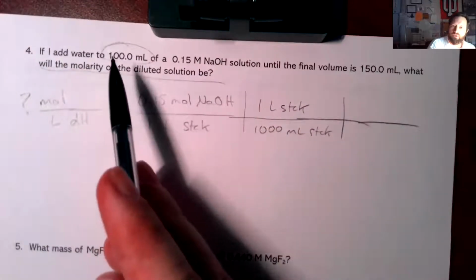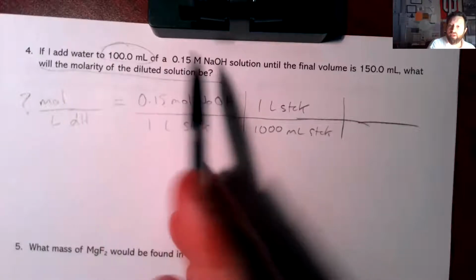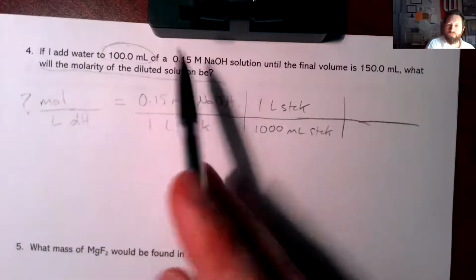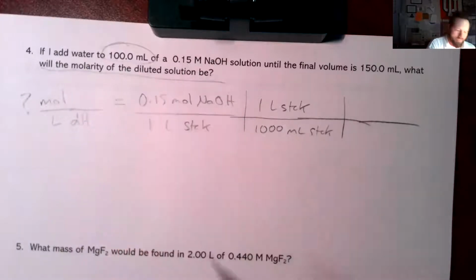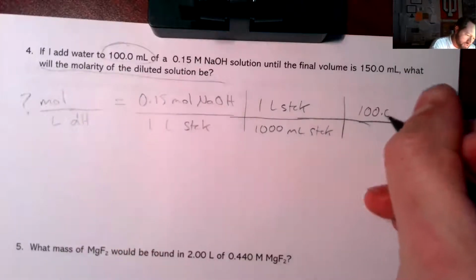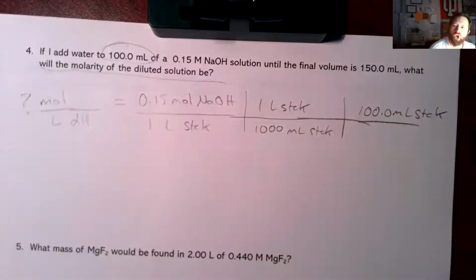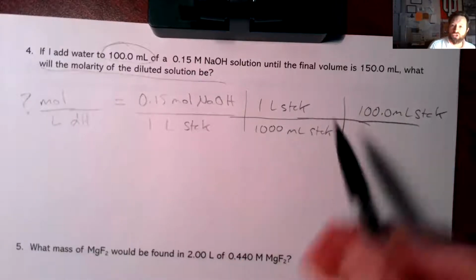This is 100 milliliters of stock. It's 100 milliliters of my concentrated volume. I'm looking for my diluted volume. So this is my stock. So here we go. 100 milliliters of stock on top. Now I just got to get milliliters of dilution on bottom.